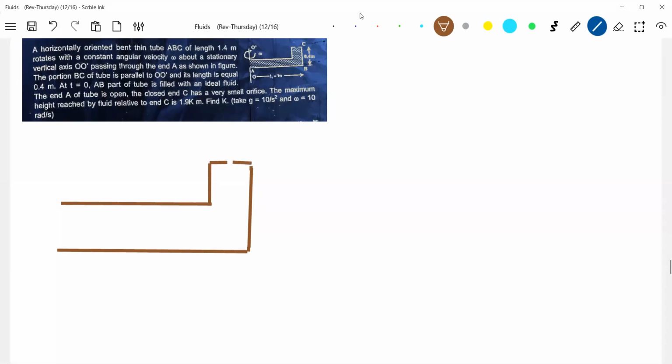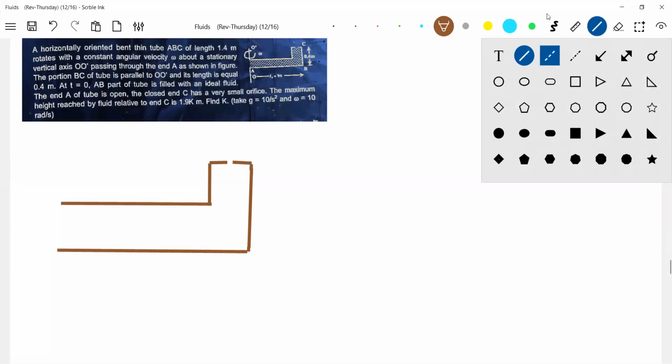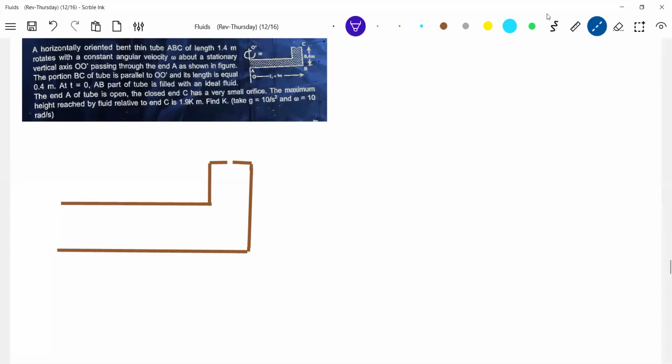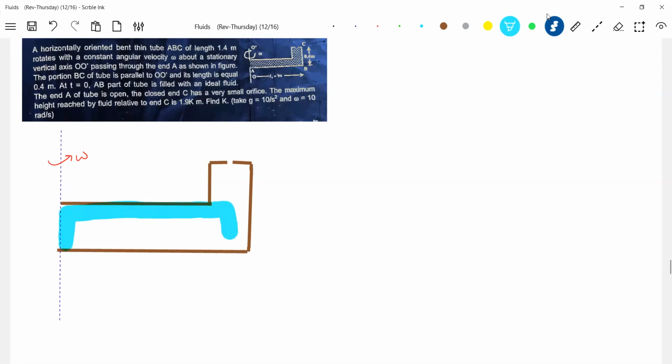Again, we have a small hole. Just a simple idea, just use what we had and apply it here.